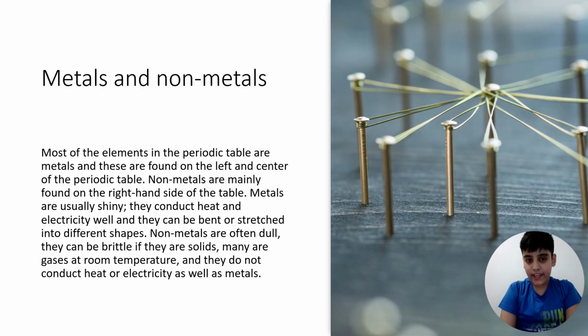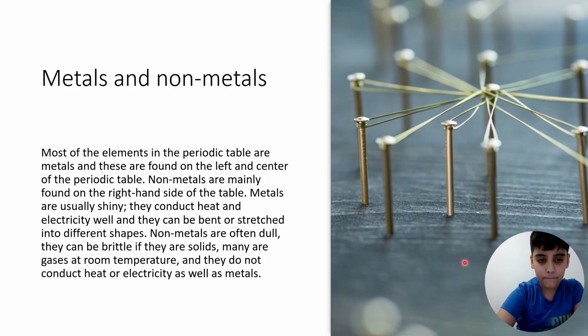Metals, you know how the periodic table that I showed you before, the metals are on the left hand side of the periodic table, also in the middle. Do you see that middle where there were no numbers? That is also part of the metals. And those metals have some properties.